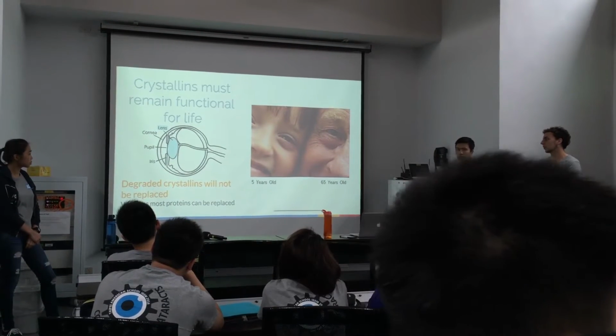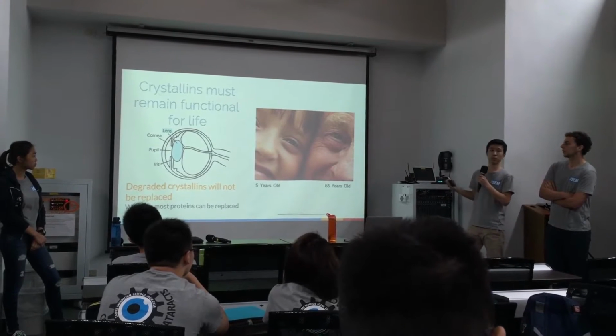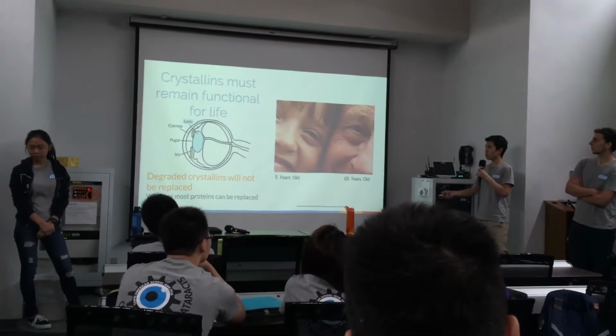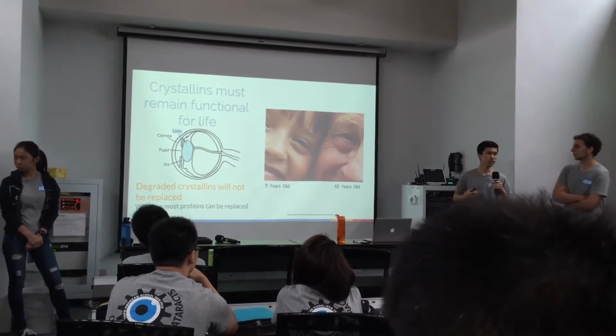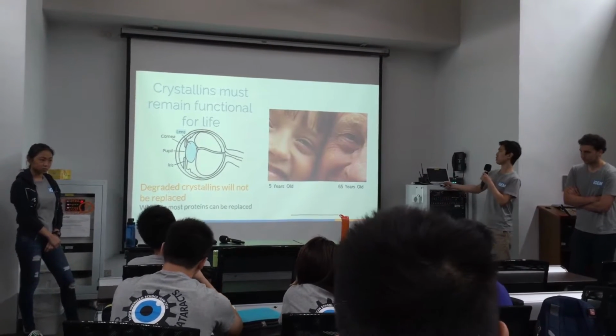That's because when the crystalline proteins in our lenses get degraded, they will not get replaced by newly generated proteins, as opposed to most other proteins in our bodies, which do get renewed by newly produced versions.